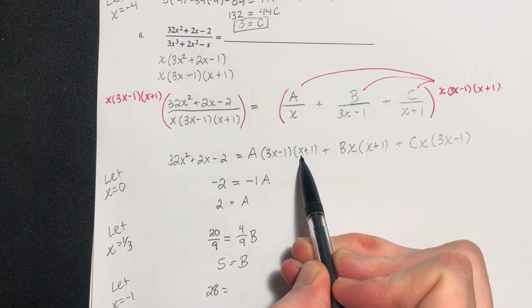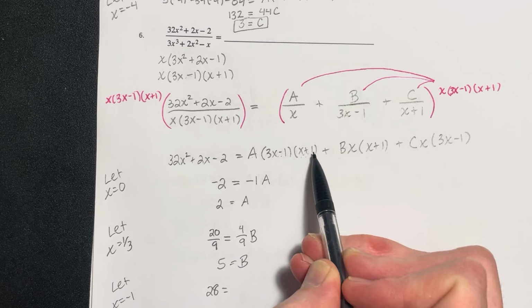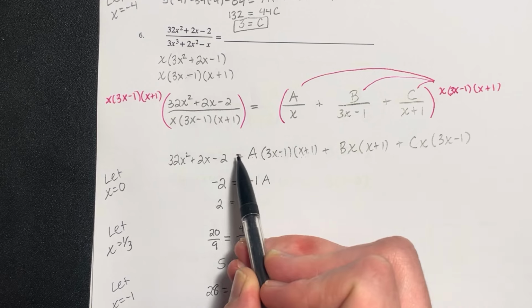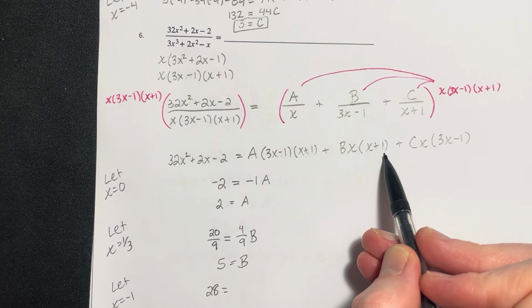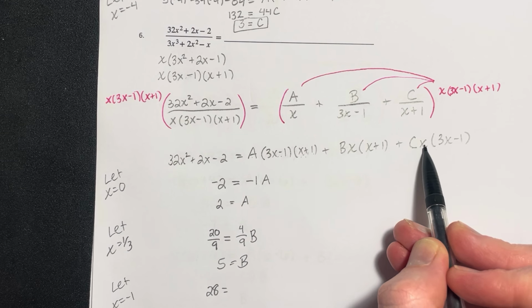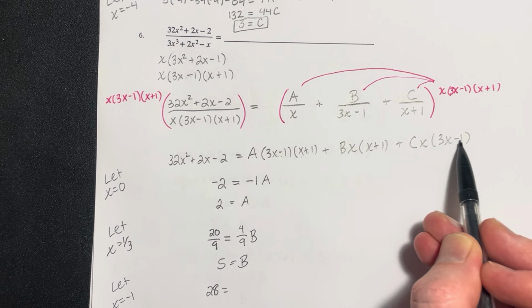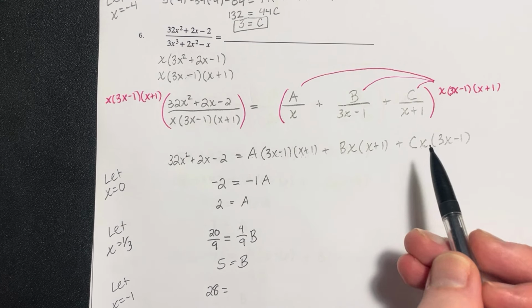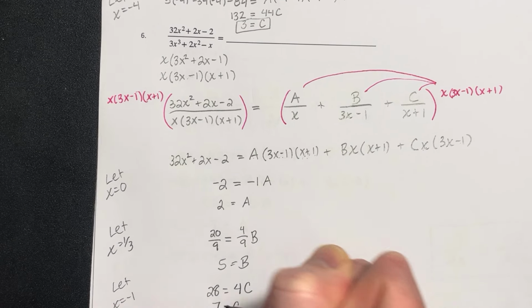If I plug in -1 into x plus 1, that'd be -1 plus 1, which is 0. 0 times anything is 0, so the a's are going to disappear, but so will the b's. We end up with c times -1 times 3 times -1 minus 1. That would be -4 times -1, which is positive 4, so 4c. In that case, c is 7.